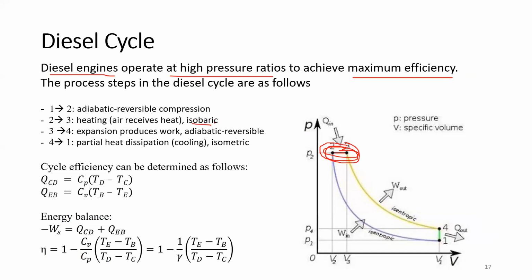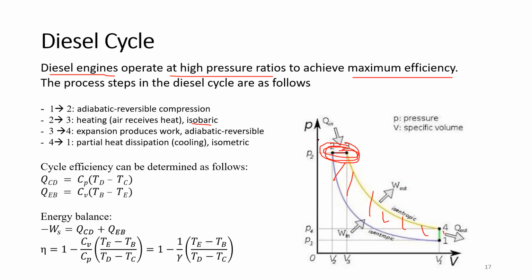Okay, so the power created by each of these cycles is the area within the cycles. The diesel cycle can operate with a higher compression ratio than the Otto cycle because only air is compressed and there is no risk of auto ignition of the fuel. Although for a given compression ratio, the Otto cycle has higher efficiency compared with the diesel cycle.